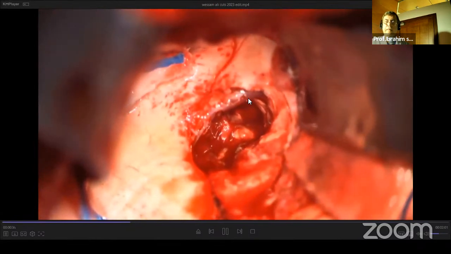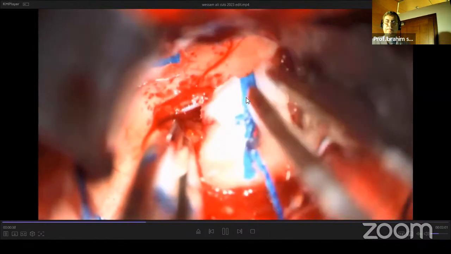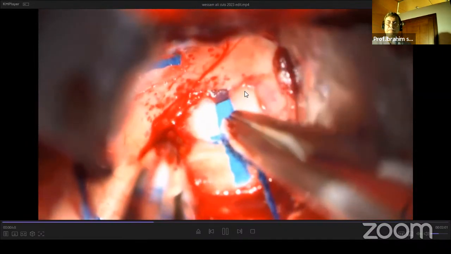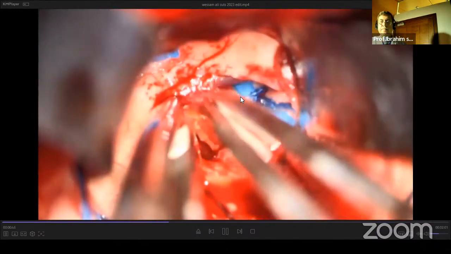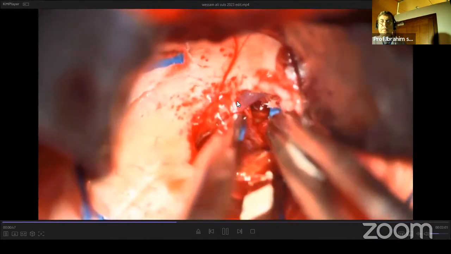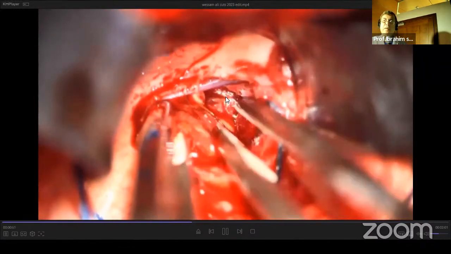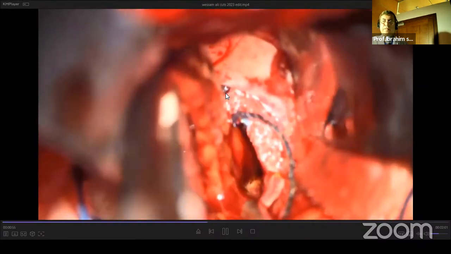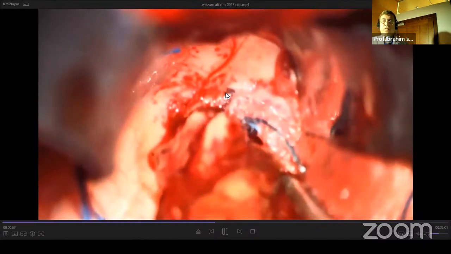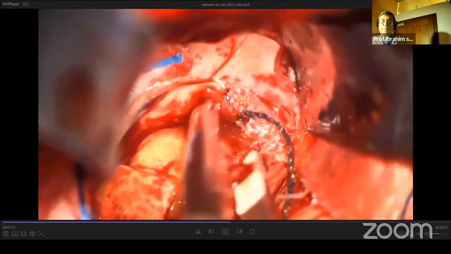The DVA is here. If you damage that, you will cause major brainstem manifestations, maybe death. So you have to remove the cavernoma in total, not only the hemorrhage.